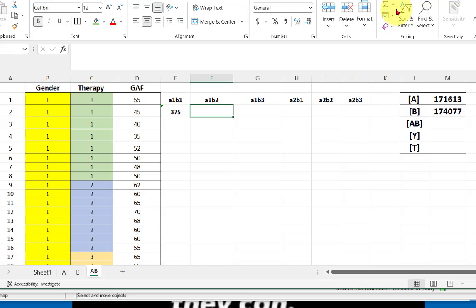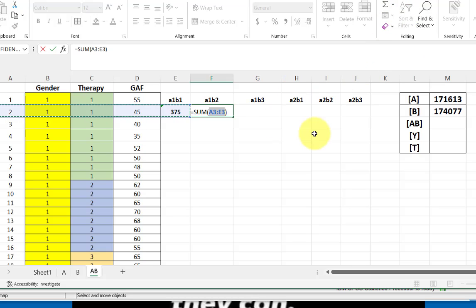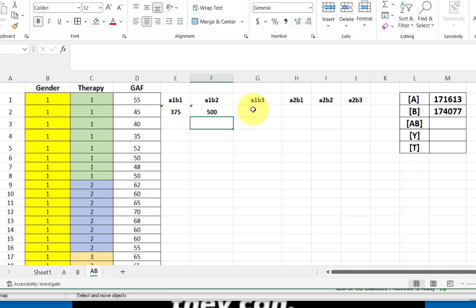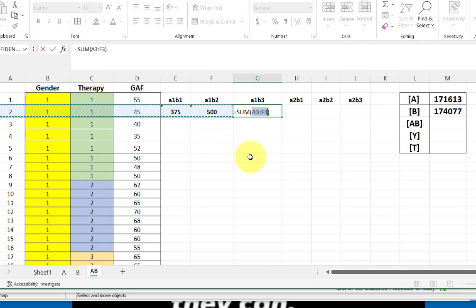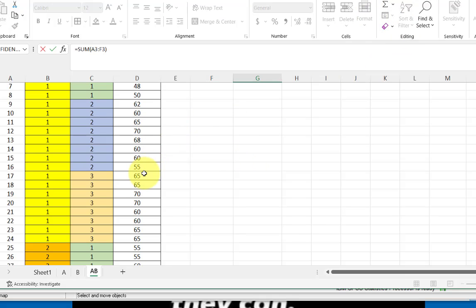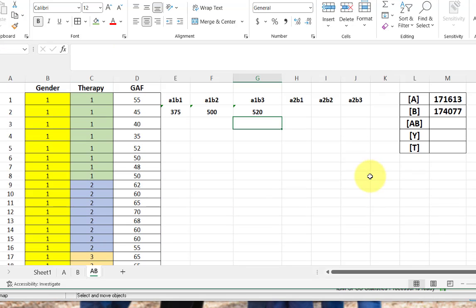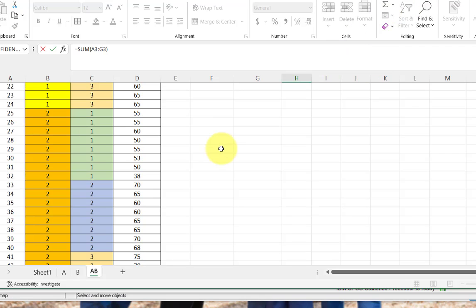We're going to take the sum of just this group. Enter. That one. We're going to take the sum of just this group. Halfway done. Enter. We're going to take the sum of just this group, right?